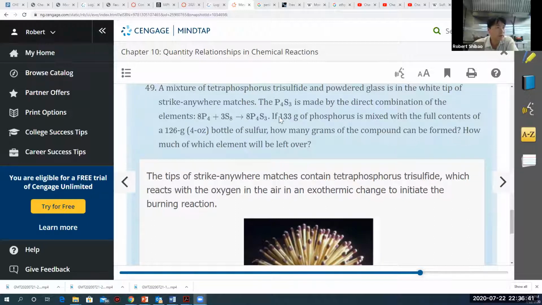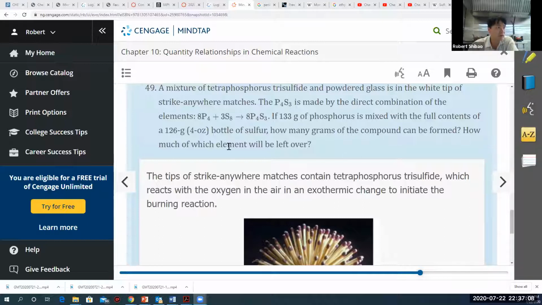So again, we're given the amount of phosphorus, this reagent, and the amount of sulfur, 126 grams of this reagent. And so we calculate the yield from this, and see which one's smaller. That's a theoretical yield. That's how many grams of the compound can be formed theoretically.